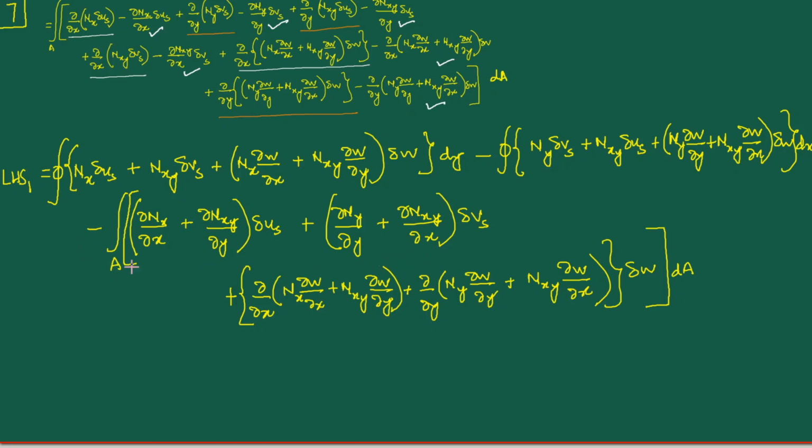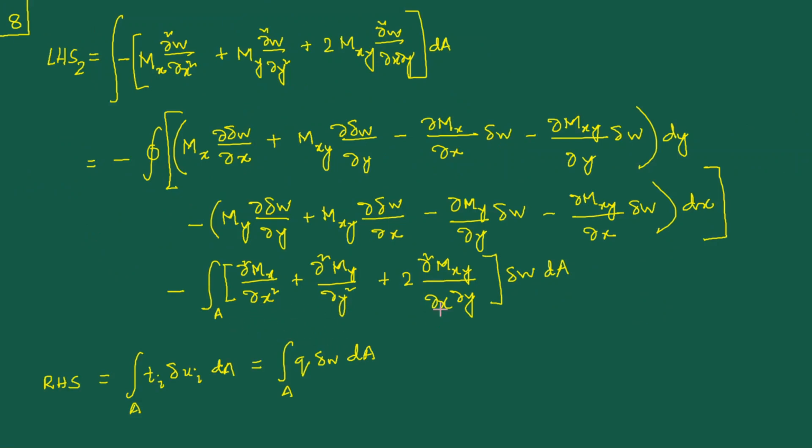But because I'm going to club this term with the coefficient of delta W in the LHS2, the minus sign really matters. Here also we have a minus sign outside, so it's good. Everything has the same sign.